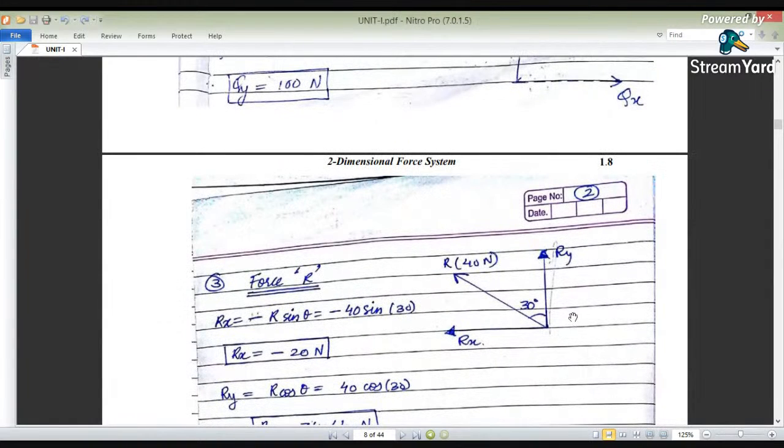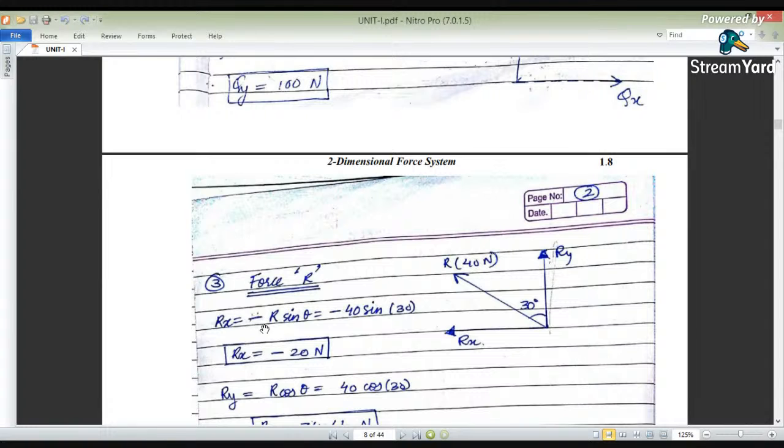In the same way, in the next quadrant, force R is applied, making an angle of 30 degrees with the vertical. That means the vertical component is R cos theta and the horizontal component is R sin theta.